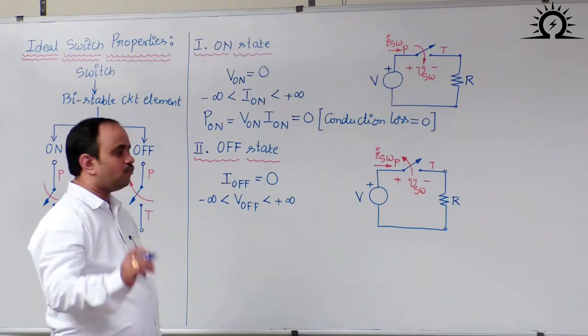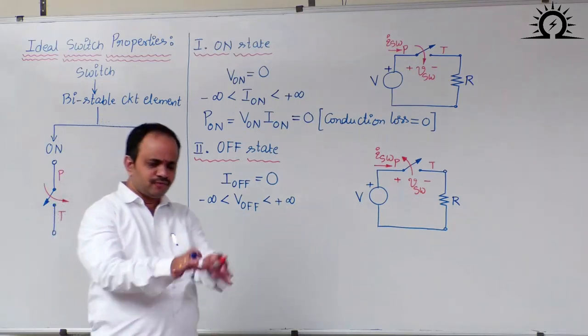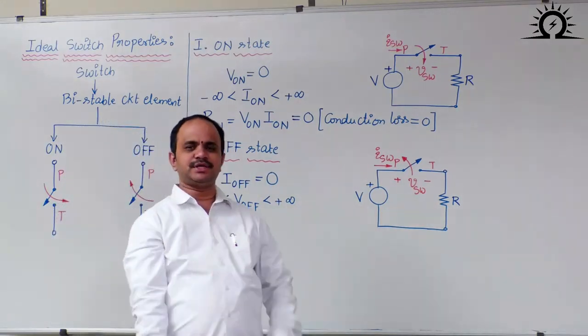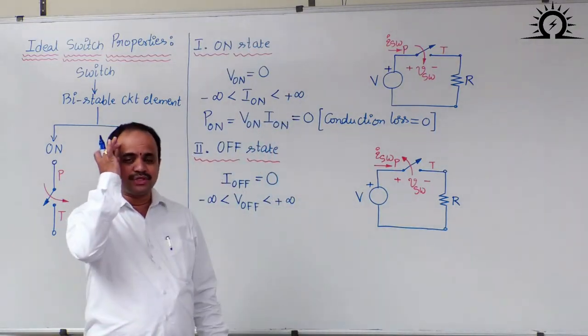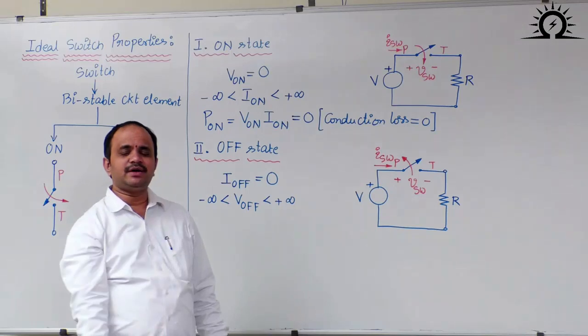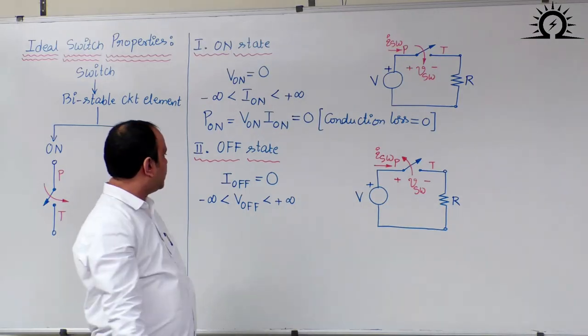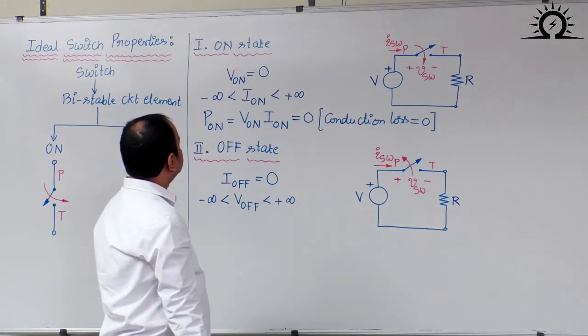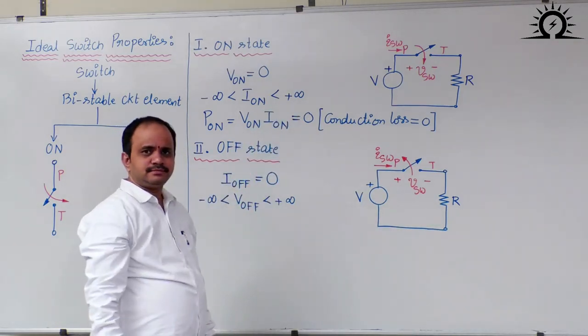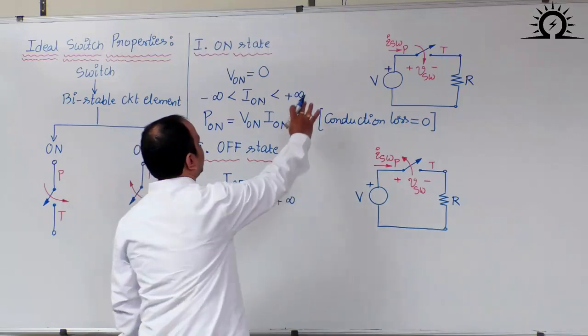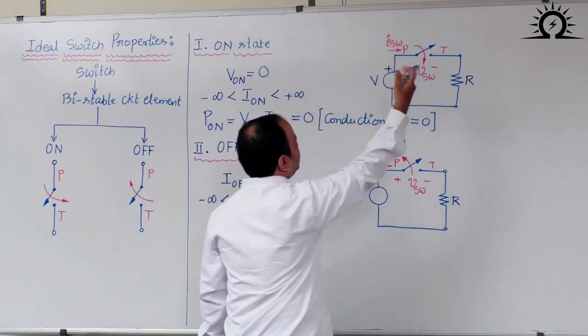Now, one important point. For example, some conditions are given to you. How to identify whether the given switch is in the on state or off state? Observe carefully. In the first case, there are different conditions.